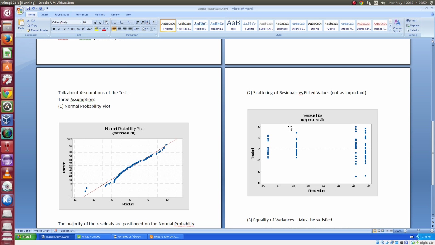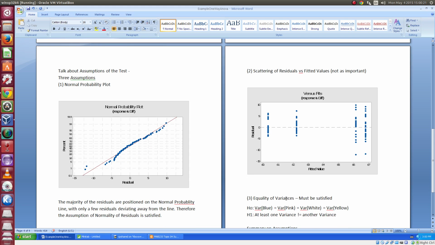Yes, there is difference within it, but in terms of the overall range, they appear to be relatively similar, and that's a bad thing. That means that there is evidence to suggest that the assumption of equal variances may not be satisfied. I think these two have equal variances, and I think those two have equal variances, but overall, do I think they all have equal variances? From that graph, I don't think so. So unfortunately, in this case, I don't think that the condition has been satisfied.